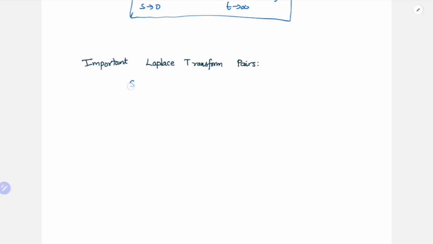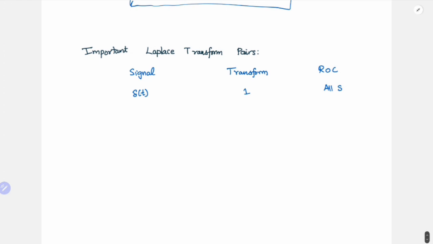So I have the signal, the transform, and the region of convergence. The first signal is my unit impulse. Its transform is nothing but 1. Even for the Fourier transform it was 1. And its region of convergence is all S, the entire S plane.